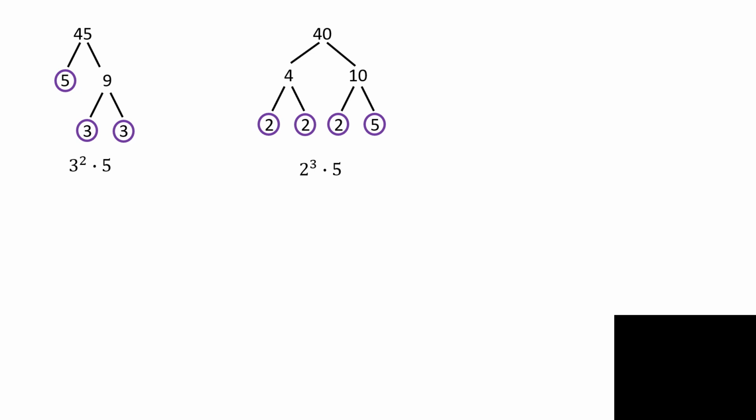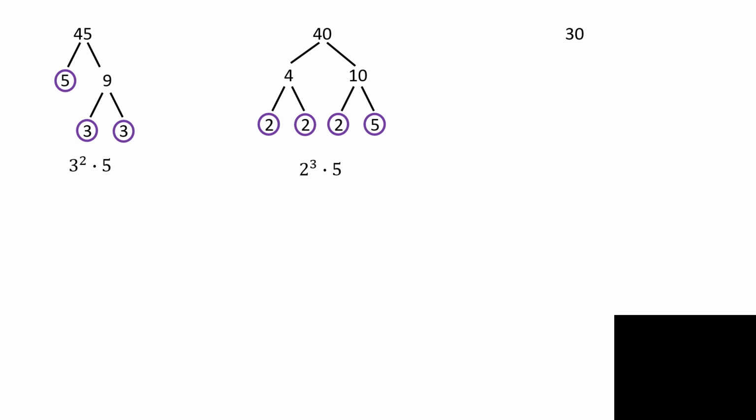I had 3 of them, so it's 2 to the third power. But I also circled a 5, so I put 2 to the third power times 5. That is the answer written as a prime factorization, right? Those are the prime factors that multiply to get 40. 2 times 2 times 2 times 5 makes 40. So that's 40 written as a bunch of prime factors.